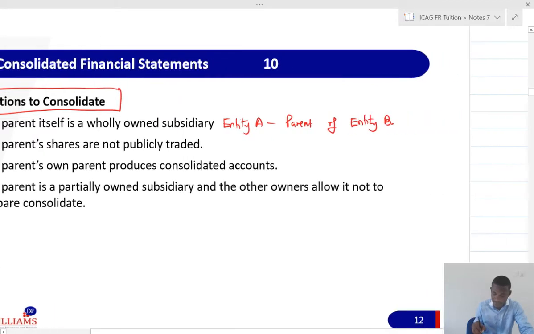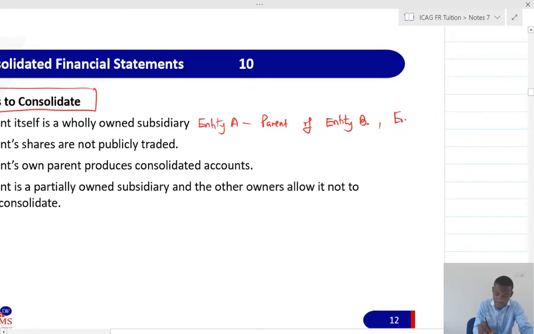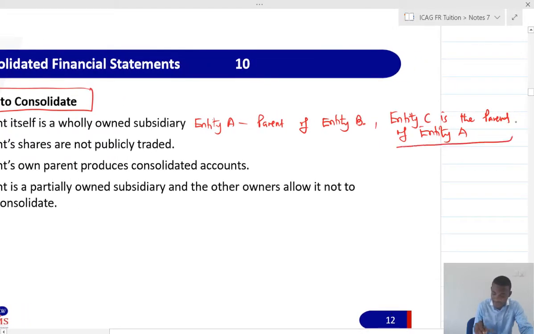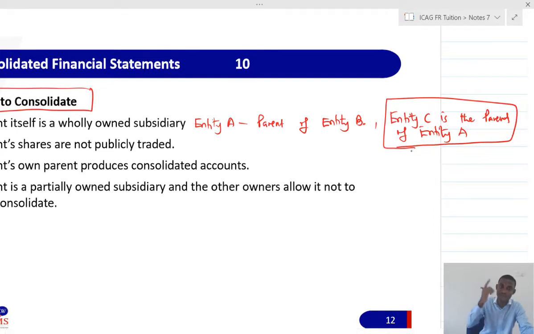Now entity C is the parent of entity A. Very simple. Now, under this circumstance, entity A can be exempted from consolidating B because its parent, which is C, so entity C is the parent of A. Here, 100% ownership.